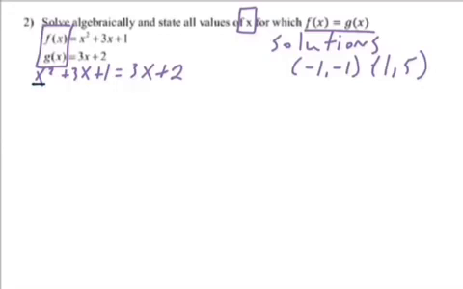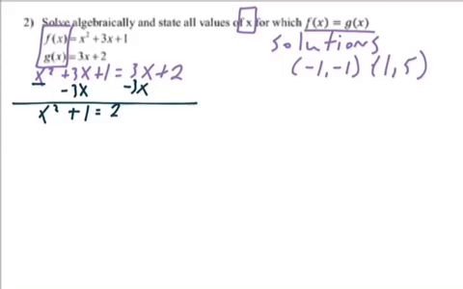To solve with an x squared, or a quadratic, you must set the equation equal to 0 first. Minus 3x from both sides. Now 3x minus 3x is 0, so you would just write x squared plus 1 equals 2. Subtract the 2 from both sides, giving you x squared minus 1 equals 0.